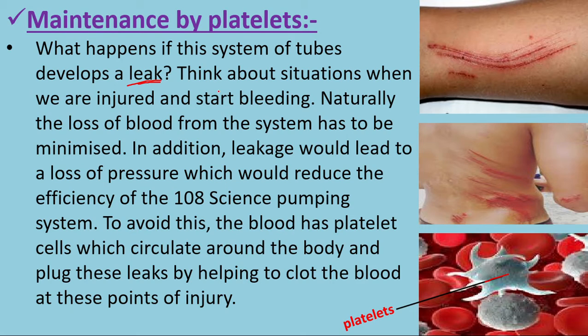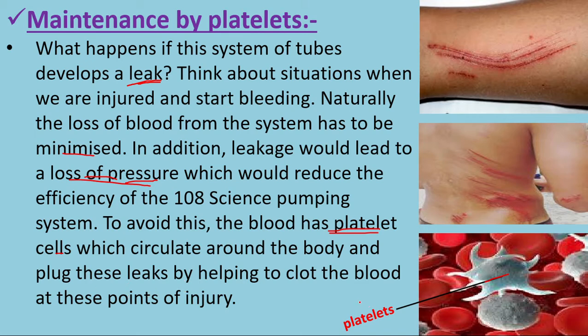The blood gets leaked, so naturally the loss of blood from the system has to be minimized. In addition, leakage would lead to loss of pressure, which would reduce the efficiency of the pumping system. That is hard to avoid. The blood has platelet cells which circulate around the body and plug these leaks by helping to clot the blood at these points of injury.